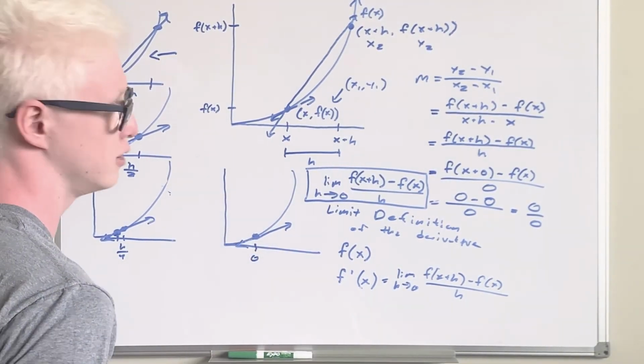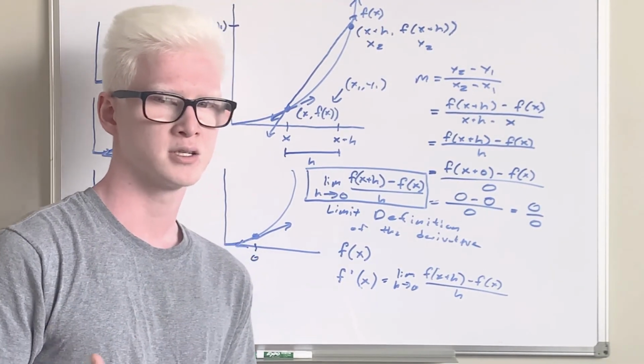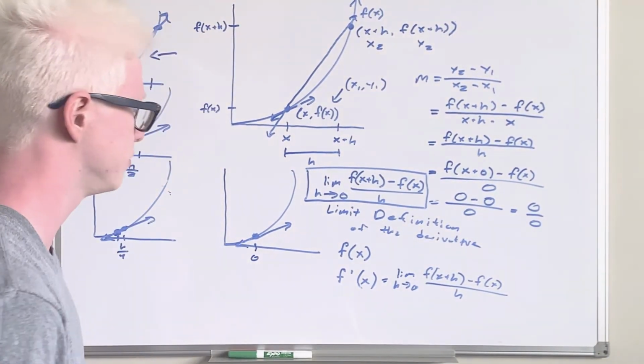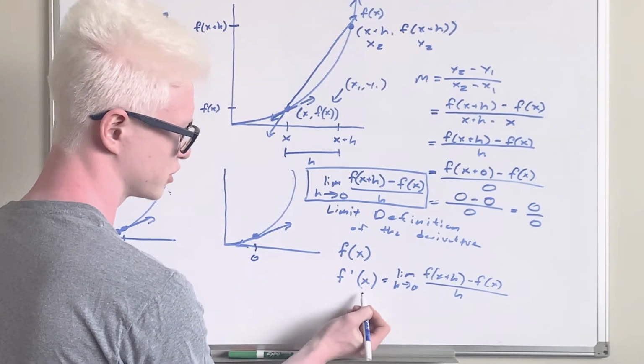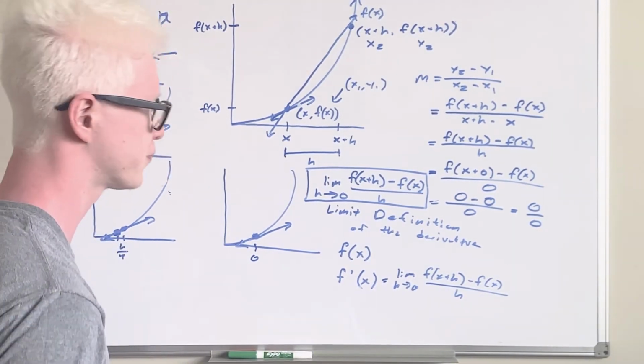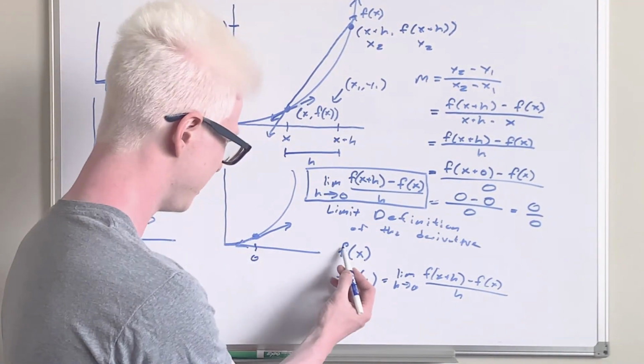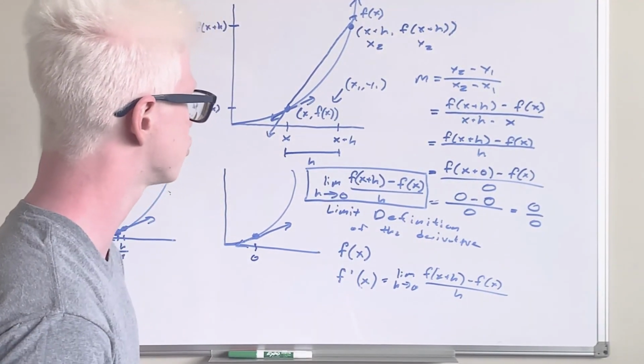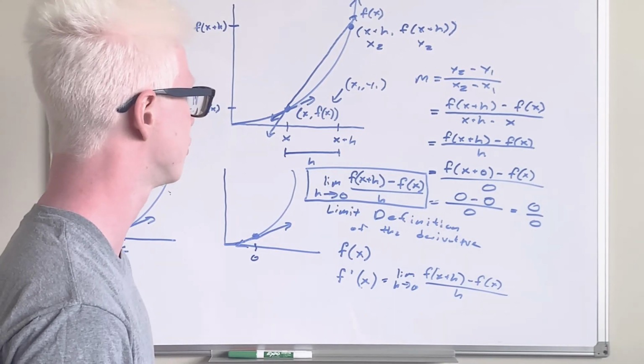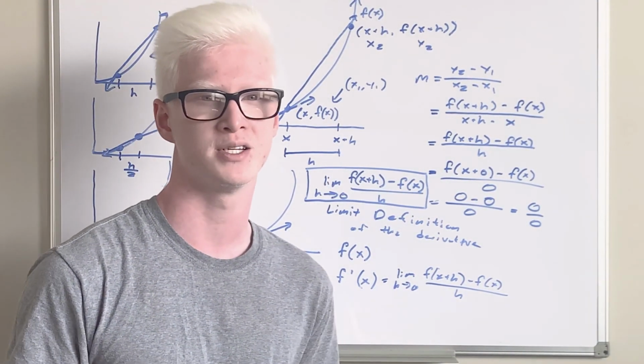So if we're interested in the derivative at x equal to 3, then we would plug in 3 for this derivative function, and it will spit out a value, and that value is the slope of the tangent line at the point f of 3. So this is why the limit definition is so useful, and we're going to see examples of how to apply the limit definition from here.